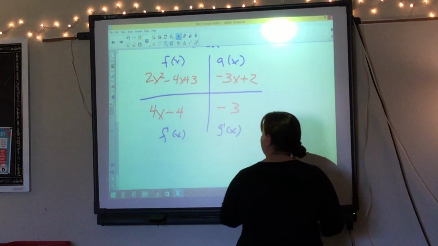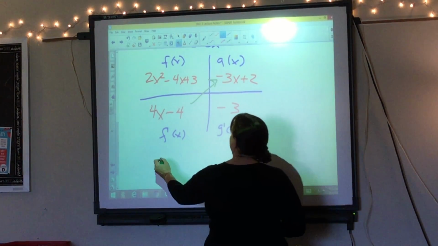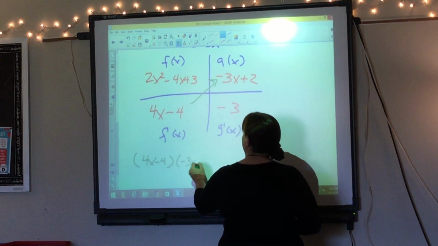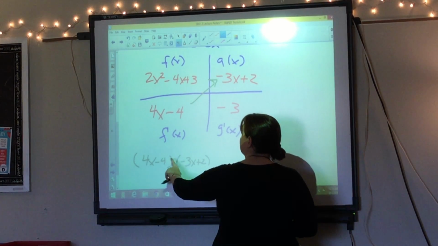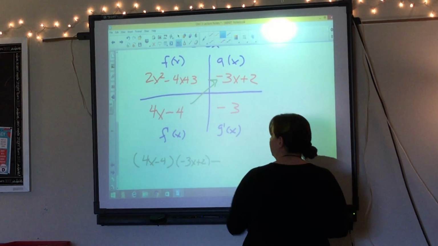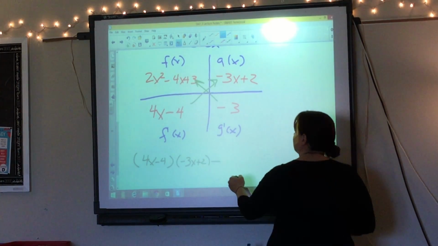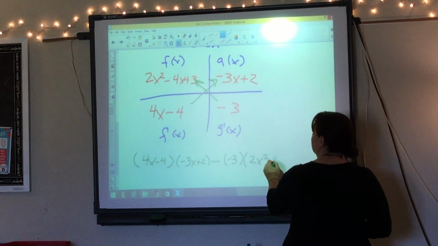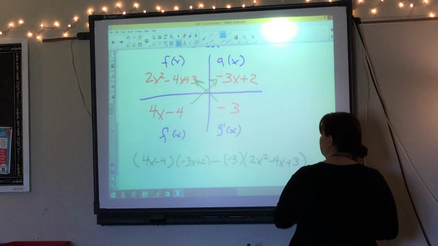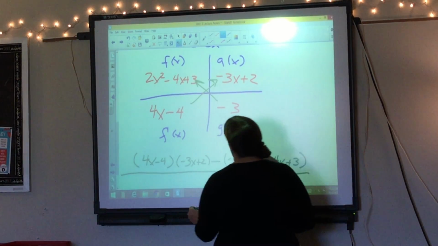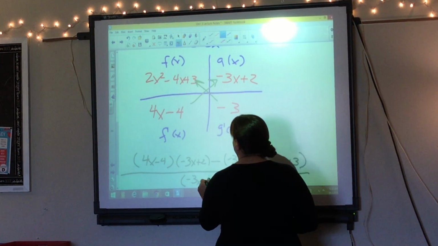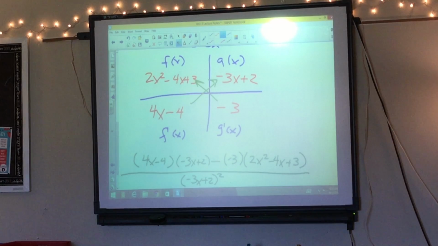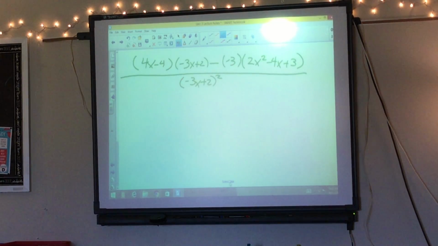Basically, we go f prime g, which is 4x minus 4 times negative 3x plus 2, low d high, minus f g prime, and then here's the one you have to remember: we square the bottom, g squared.